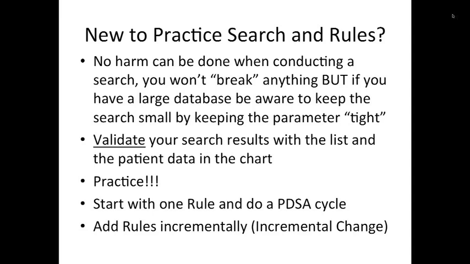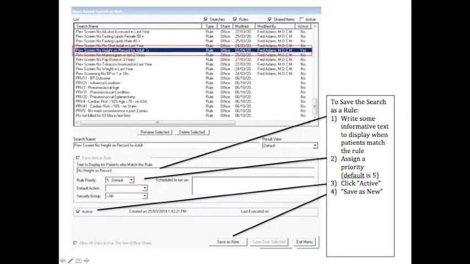Have that discussion with all providers. If nobody is using the rules, you can deactivate them by going back here. If you go back to your rule in your clinic, you can turn a rule from active to inactive by clicking on this button.